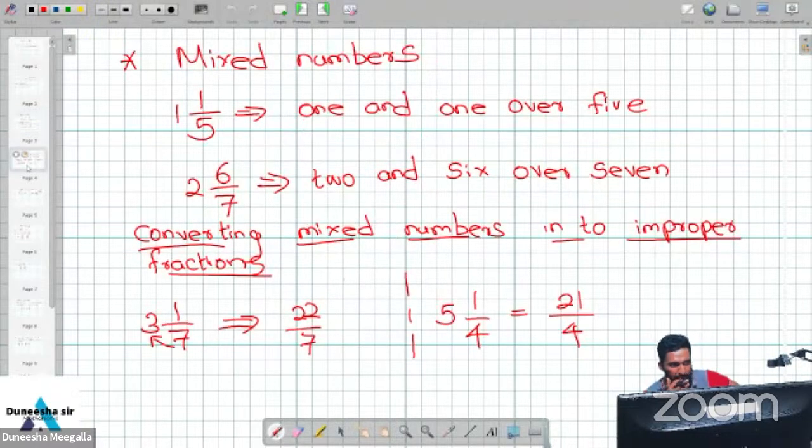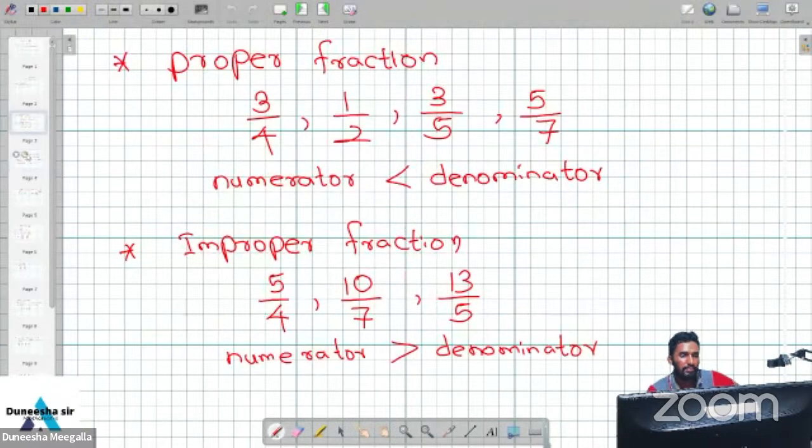Then we discussed improper fractions. What is an improper fraction? Can you remember? 5/4, 10/7, 13/5. What is the property of improper fractions? 5/4.